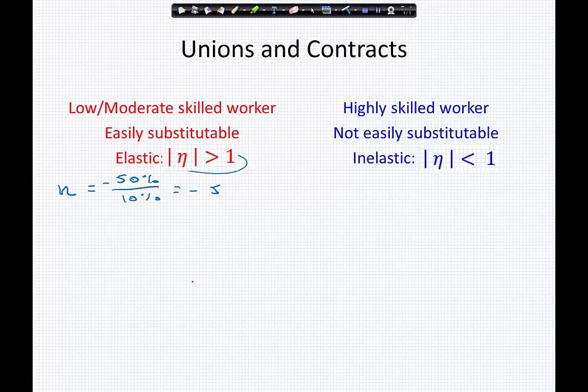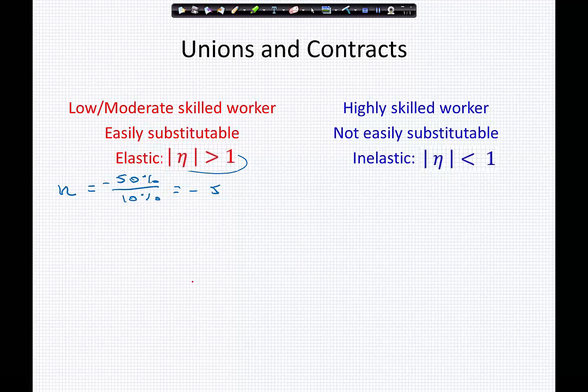Well, if that's the case, then we're suggesting that for highly substitutable, highly elastic labor, as the wage changed only by 10% in this particular case, we may have seen a 50% change in quantity of workers, which is bad news for those workers.